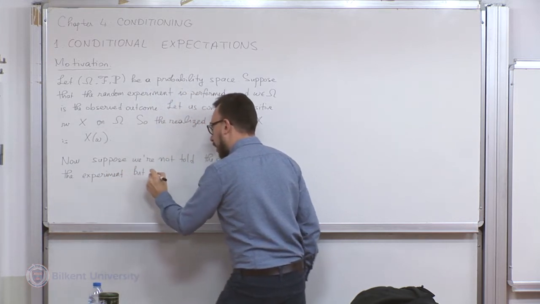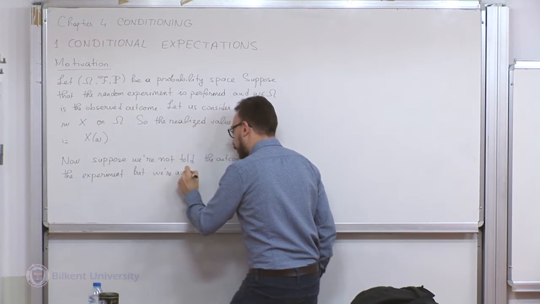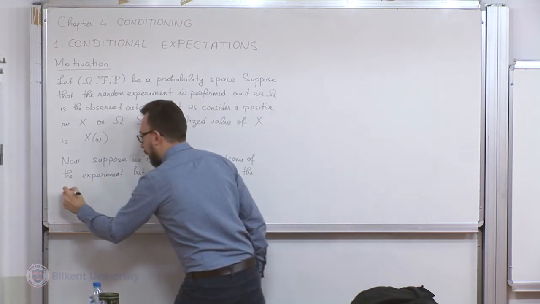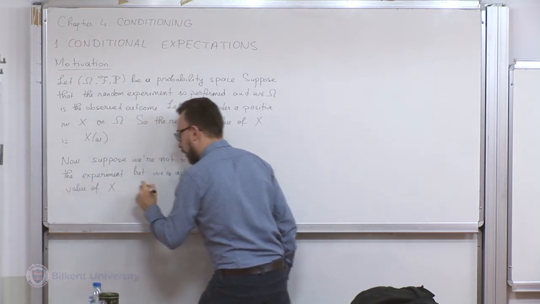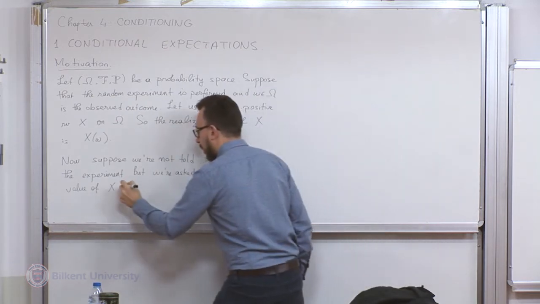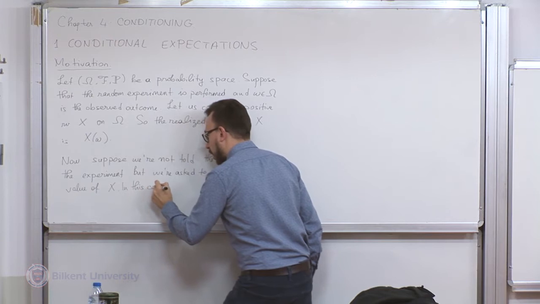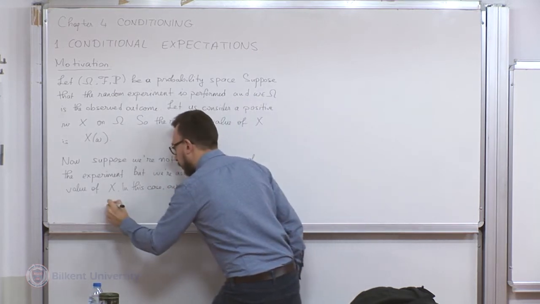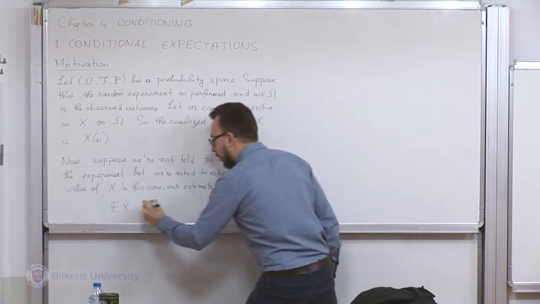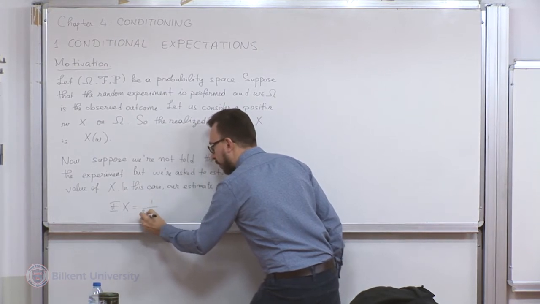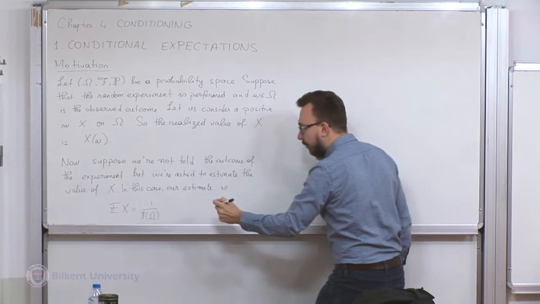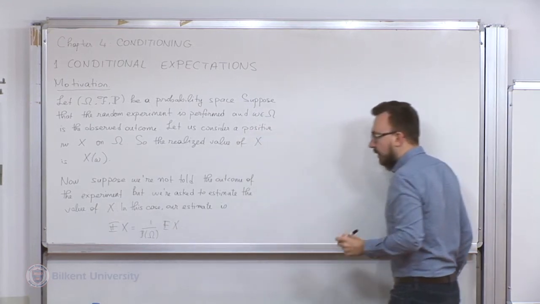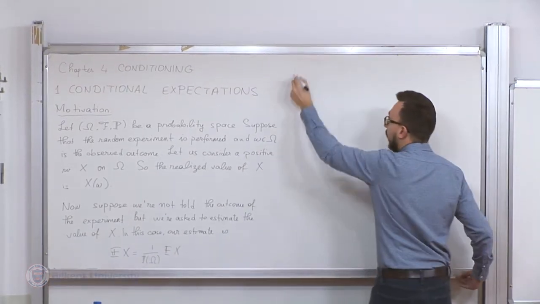But we're asked to estimate the value of X. So in this case, our estimate is simply the expected value, which is 1 over probability of this set, the full set, which is 1, times the expected value of X, right? I just wrote it this way to motivate the next idea, okay?